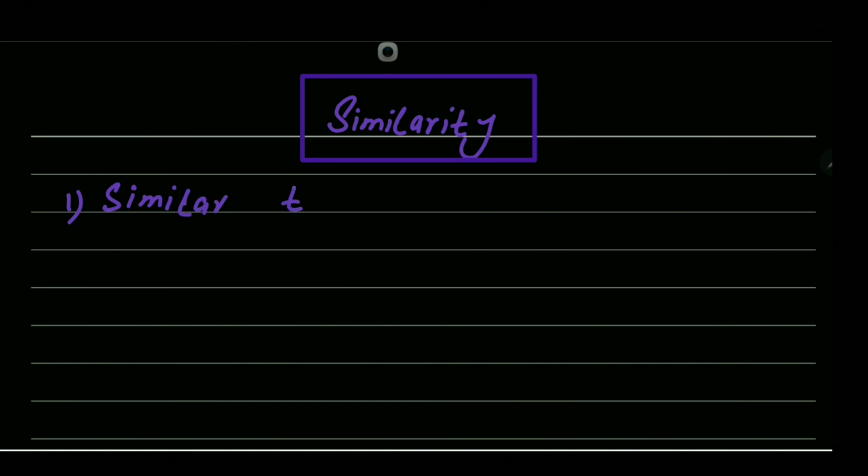First of all, we will discuss similar triangles. So how to prove that two triangles are similar? Let's discuss.